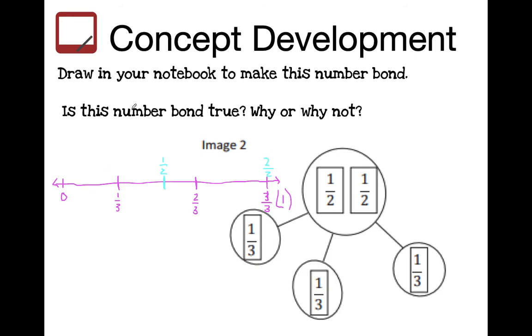Is this true? And the answer is yes, it is true. And you need to explain why. Either explain in words, or you can draw a number line on your notebook. They're both equal to 1 whole. They have their complete parts, and so they are equal to 1 whole shape, or 1 whole figure.